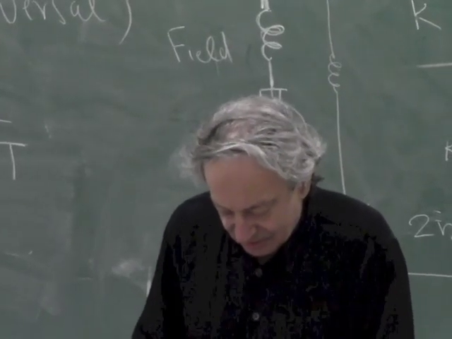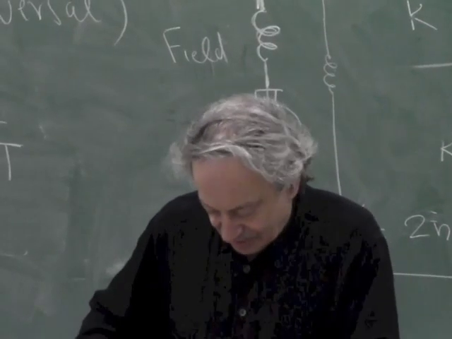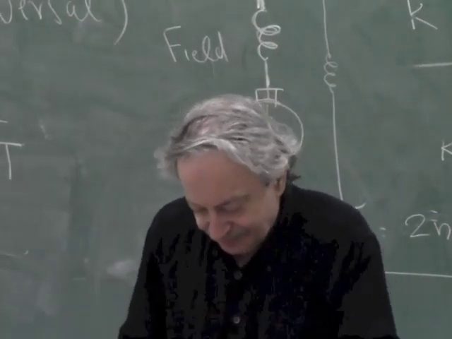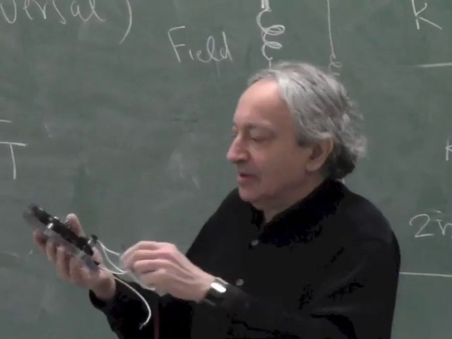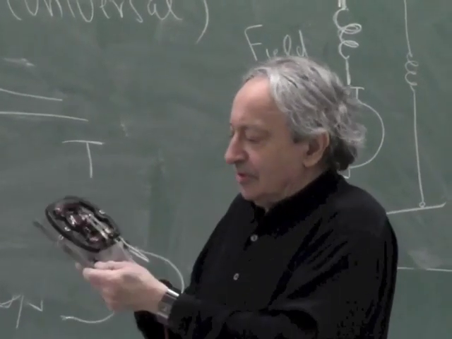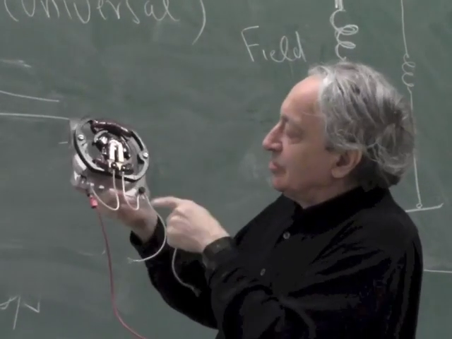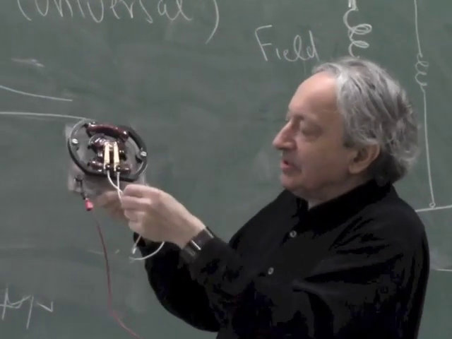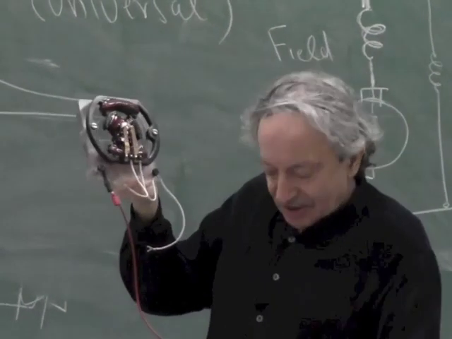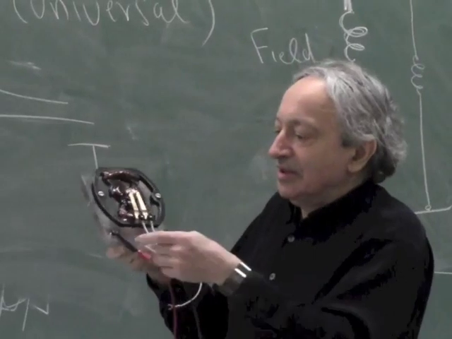Okay, so the battery, yeah, it's like this. So now what's happening, the battery is going through one coil, and coming out of this coil it's going through the commutator, and then I connect the battery to the other side of the commutator, so the motor is wired in series. Okay?